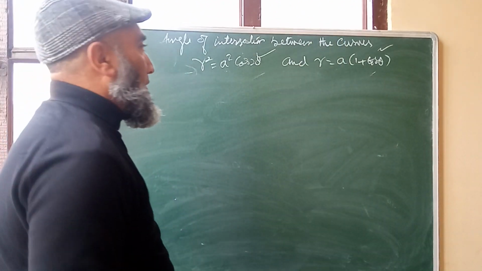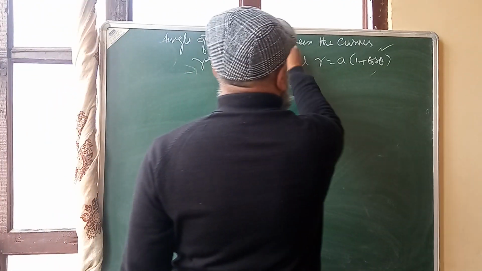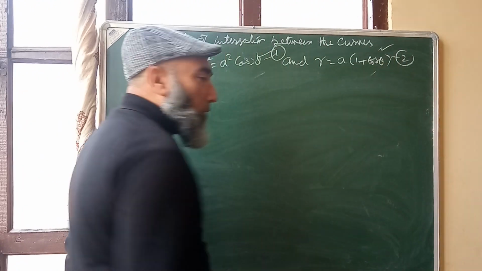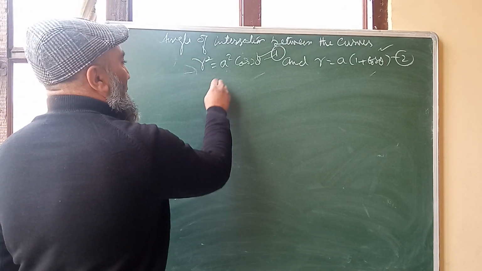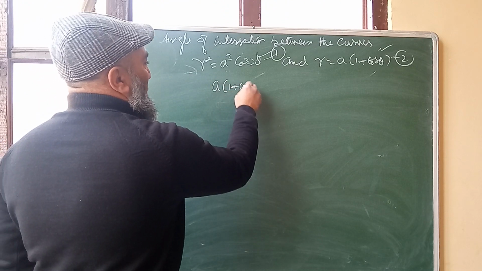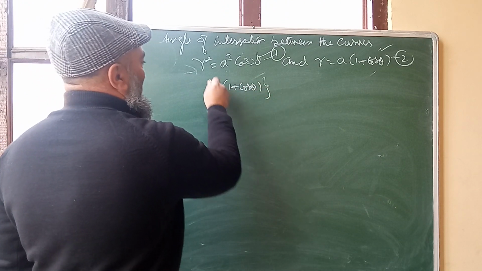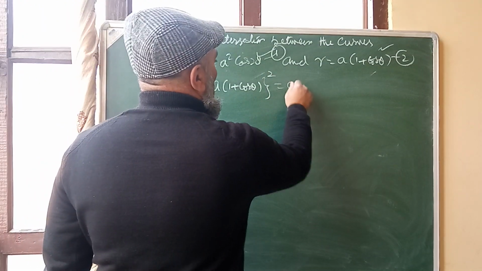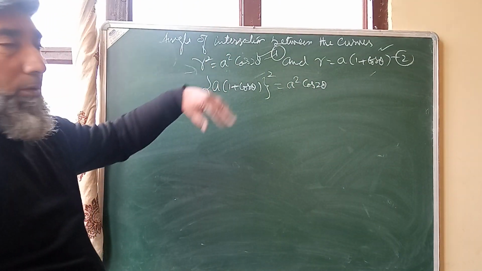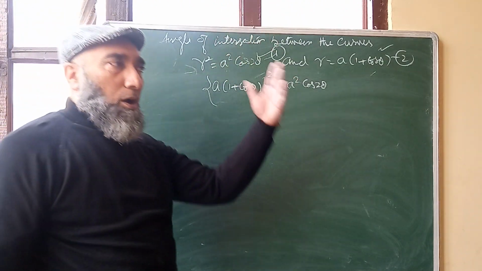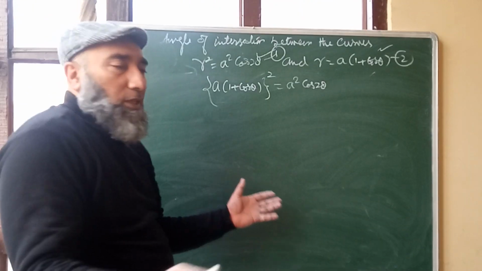Let me find theta first. This is 1, this is 2. From 1 and 2, this is r square, this is r. From 1 and 2, you have a 1 plus cos theta whole square, and r square equal to a square cos 2 theta. In our previous question, I was having r and r, so I just equated them.